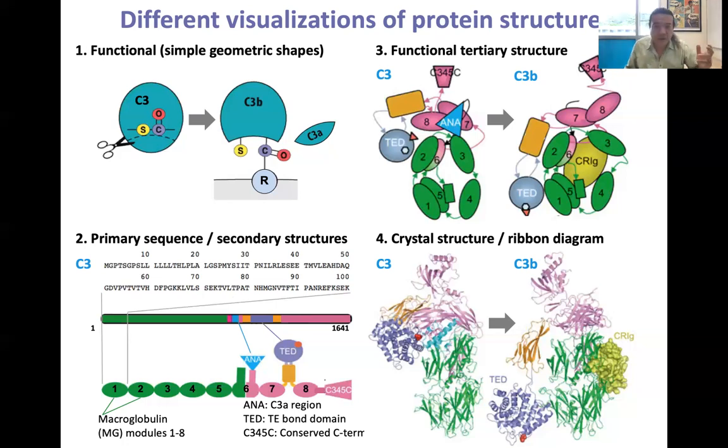I always say, when Mother Nature comes across something through evolution that works really well, it's not surprising that if you fast forward hundreds of millions of years through evolution, you see them again used for different functions. So this macroglobulin domain, in a C3 protein, if you were to lay it all out as a straight polypeptide chain, we might say this first part of it consists of 5.5 macroglobulin modules.